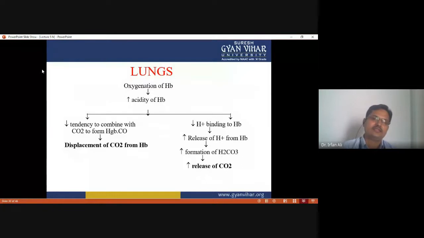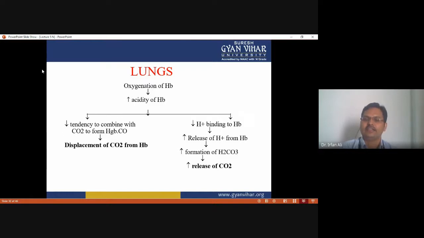And in the lungs, oxygenation of hemoglobin increases the acidity of hemoglobin, and this results in a decreased tendency to combine carbon dioxide to form HbCO2, and this would enhance displacement of carbon dioxide from hemoglobin.